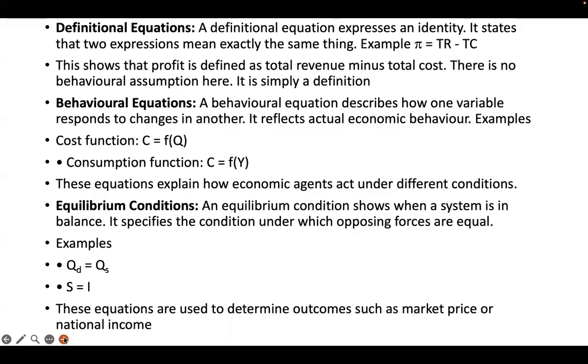A typical example is profit: profit is equal to total revenue minus total cost. So this is a definitional equation.